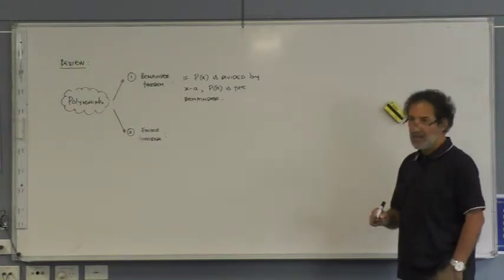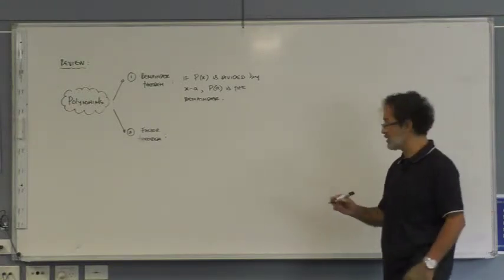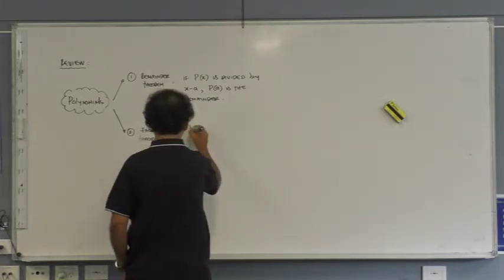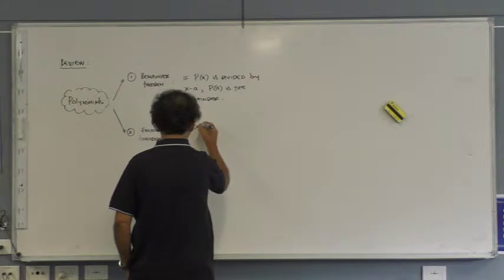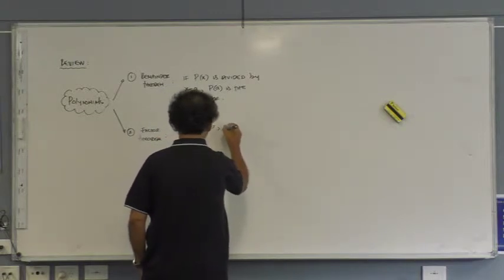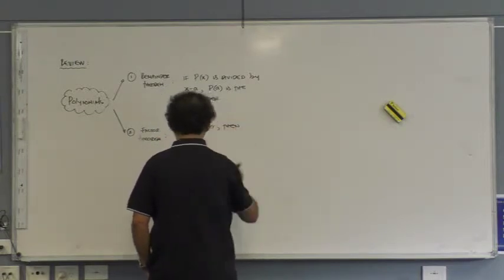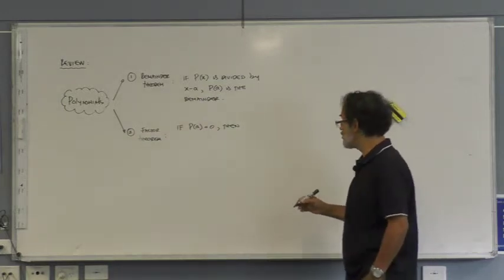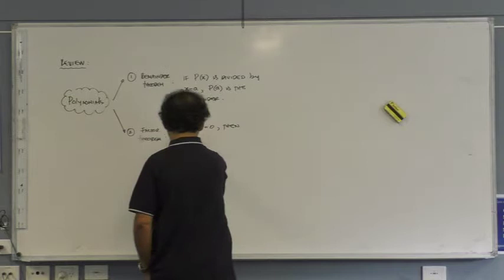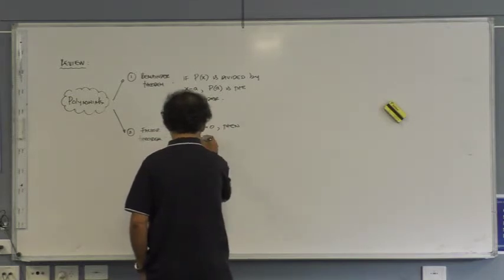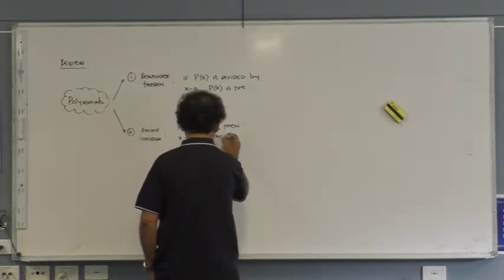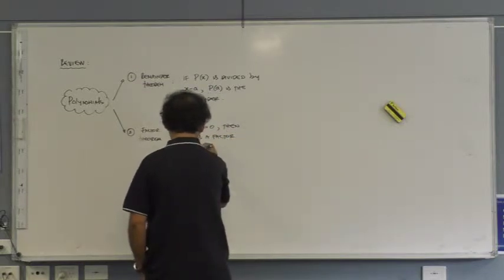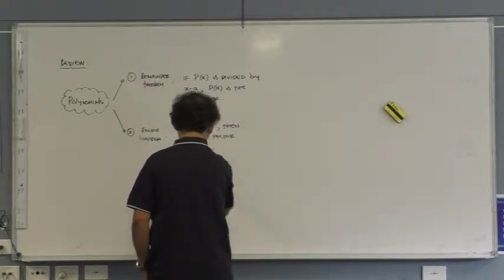The factor theorem says this. If p at a is equal to 0, then x minus a is a factor of p of x.